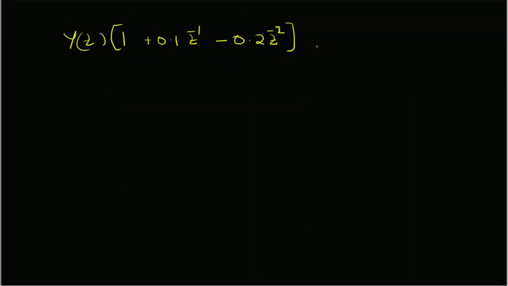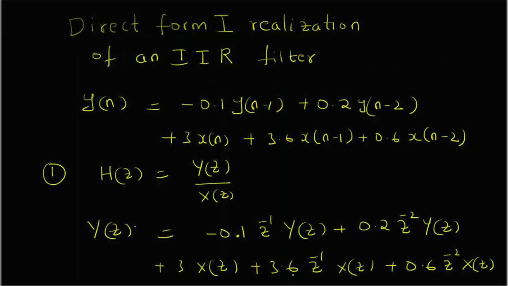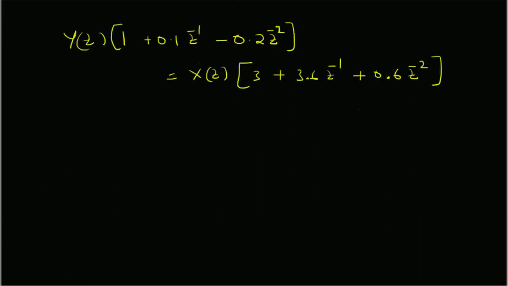And then on the right side we have X of z multiplied by 3 plus 3.6 z inverse plus 0.6 z power minus 2, that is the terms related to X of z.